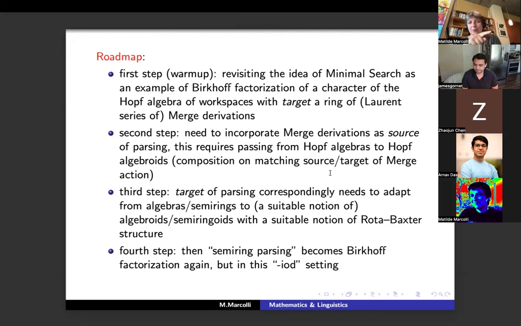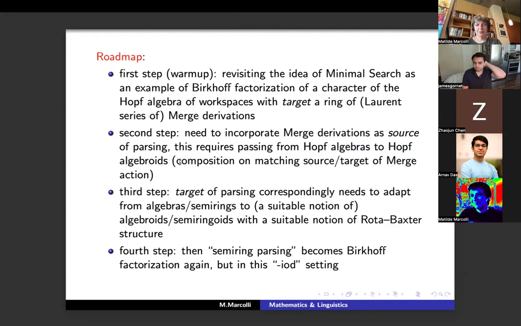I want to change that into something where the arrows themselves are the objects that I'm interested in, not the source and target of the arrows. And that will correspond in algebraic terms to going from Hopf algebras to something called Hopf algebroids.